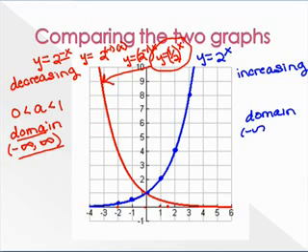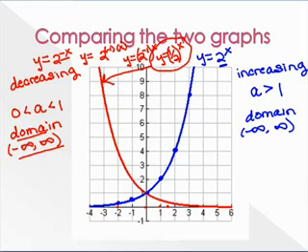So the domain is we can plug in any number for the x and raise 2 to that power. Okay? So there's no restrictions on what we use for a number in an exponent. So the domain is all real numbers, just like in the red graph. However, in this one, to make it increasing, that a value has to be greater than 1.